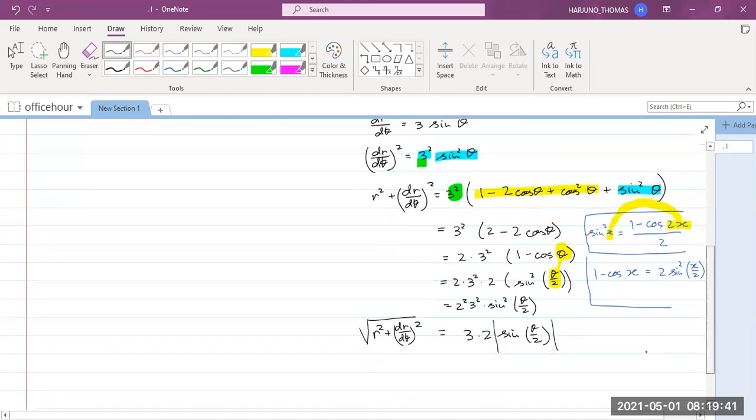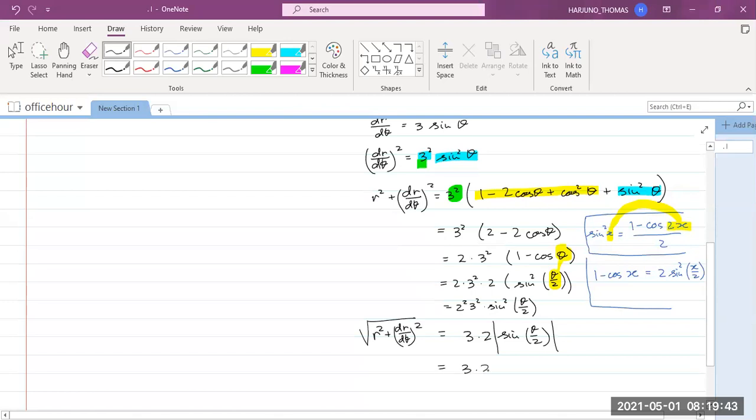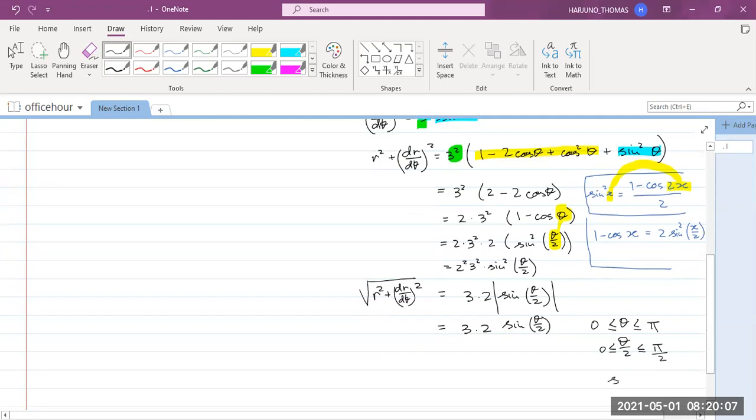But in the domain of theta between 0 to pi, theta over 2 is in quadrant 1, and sine there is positive. That's why we can ignore the absolute value.